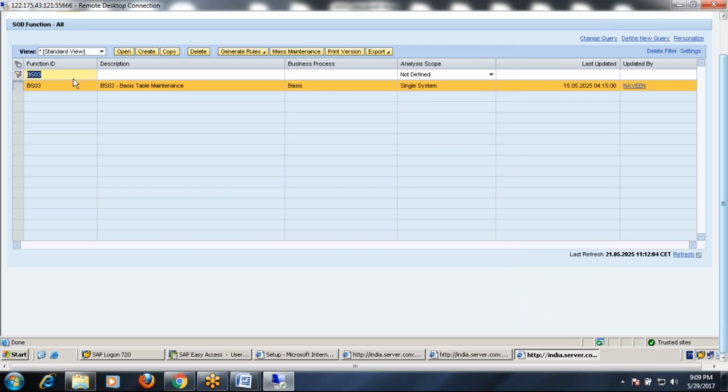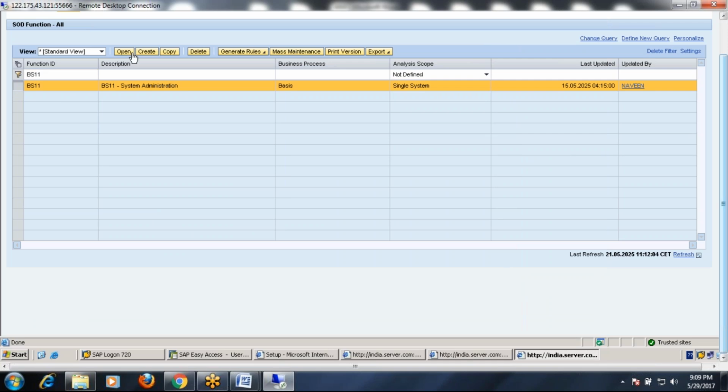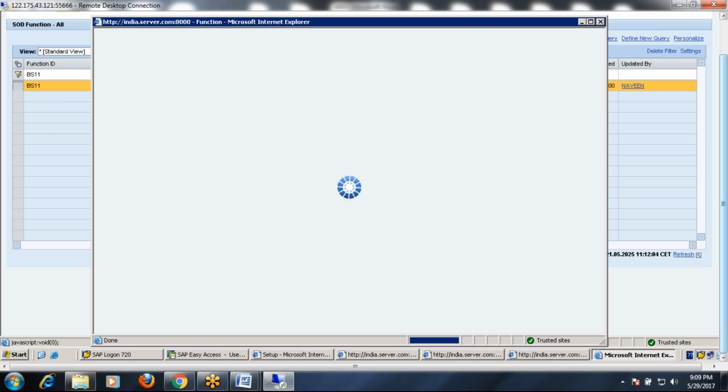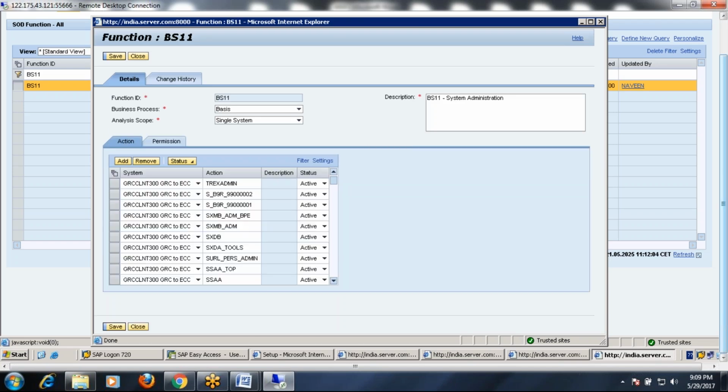And the other function name is BS11, which stands for system administration. So what are the T codes under system administration? The most important thing here is you need to identify the right T codes through which we can do the system administration.